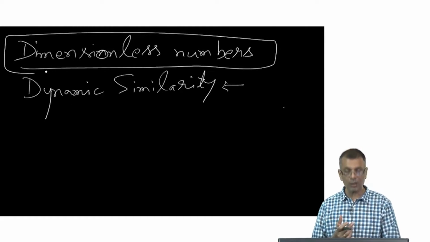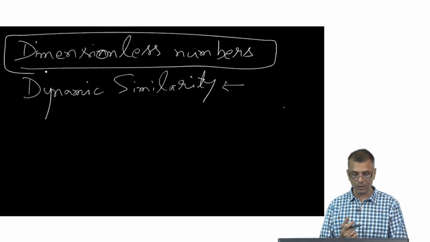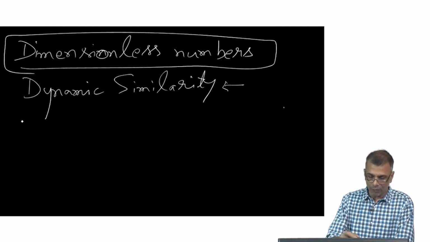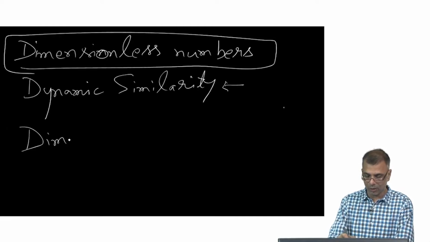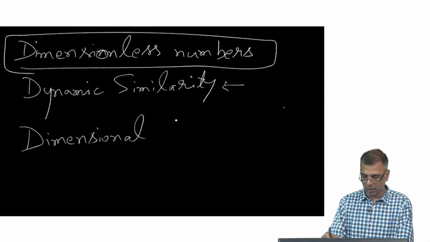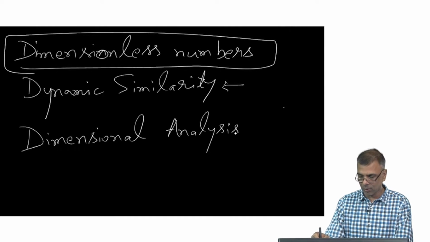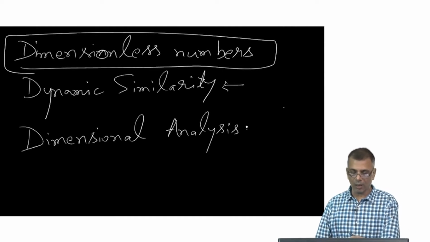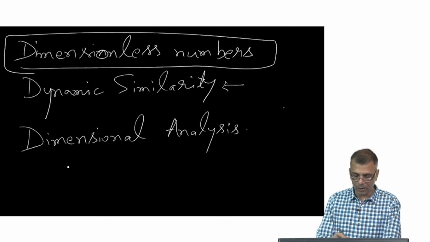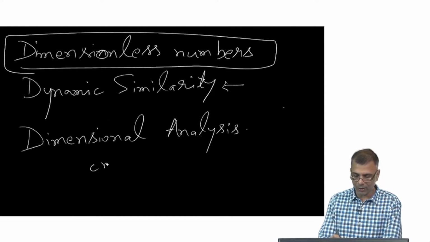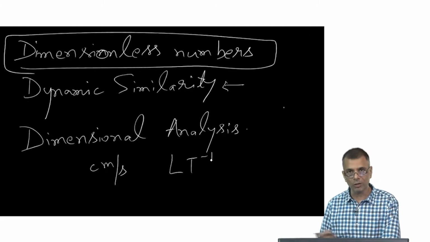And underlying this whole concept of dimensionless numbers is the familiar concept of dimensional analysis, which you must be familiar with, doubtless. Which is simply saying, well, what are the dimensions of speed? Well, the dimensions of speed are something like centimeter per second or L T raised to -1, so on and so forth.